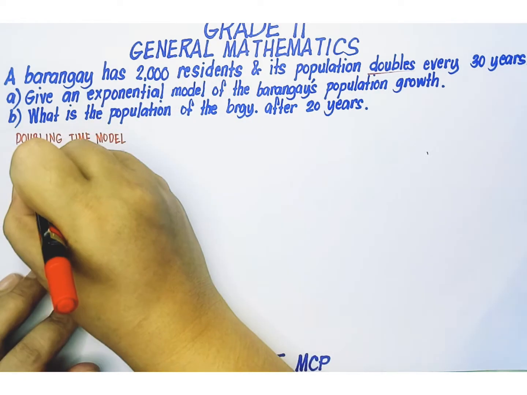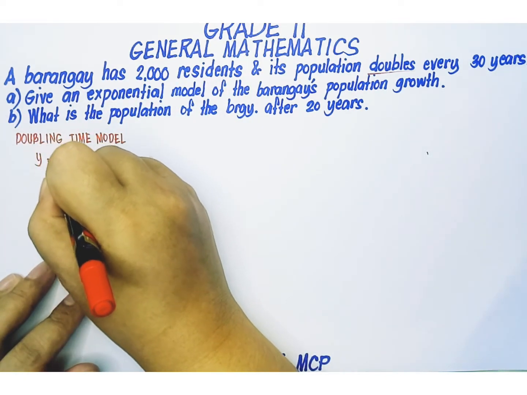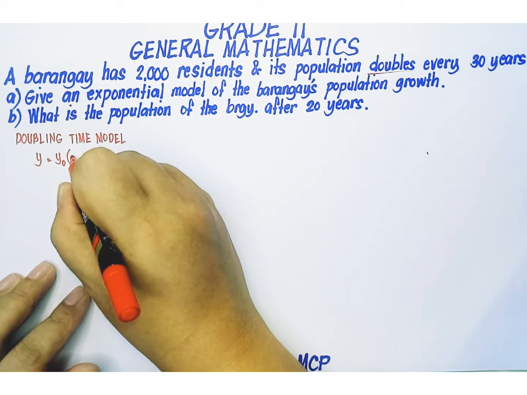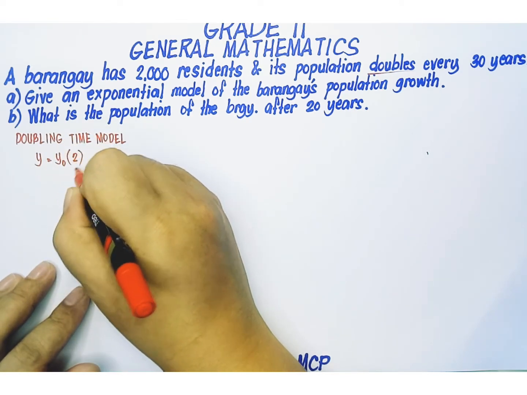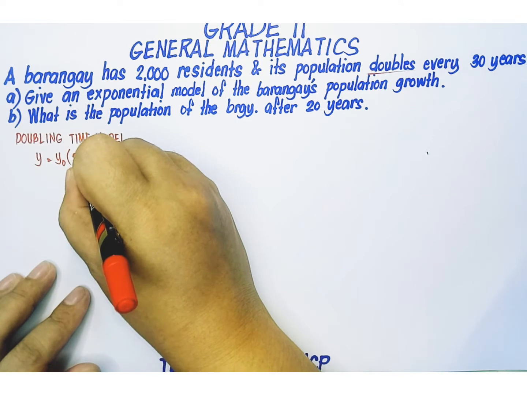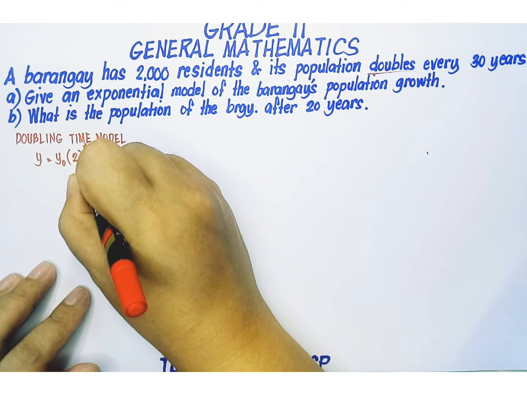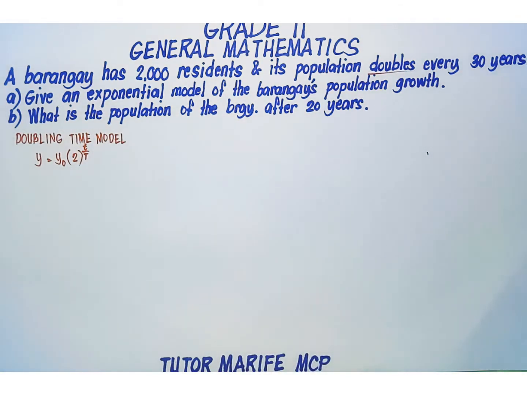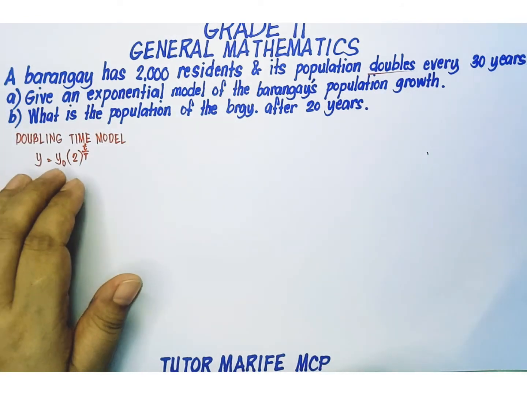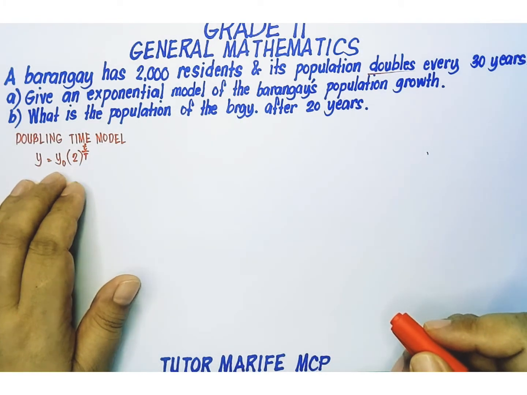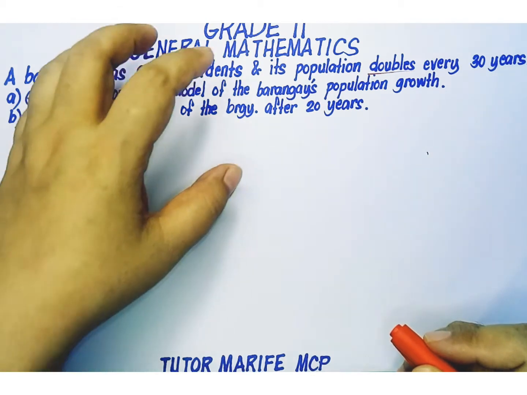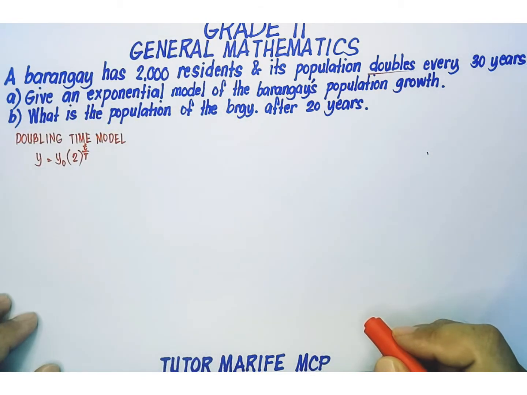And it's y equals y sub 0 multiplied by base 2 raised to small t over capital T. So, ito ang applicable formula or model for this particular problem.